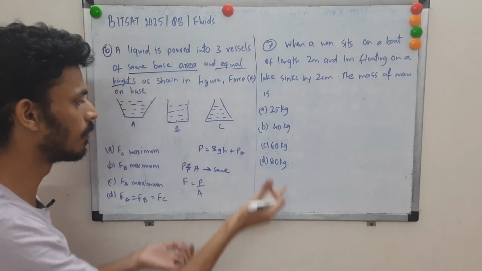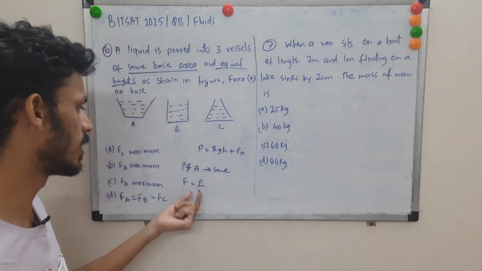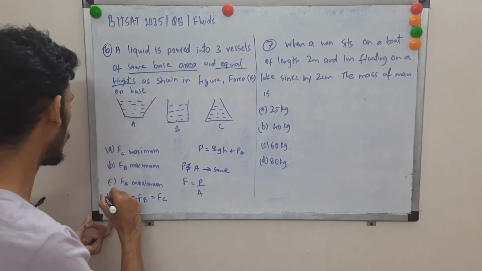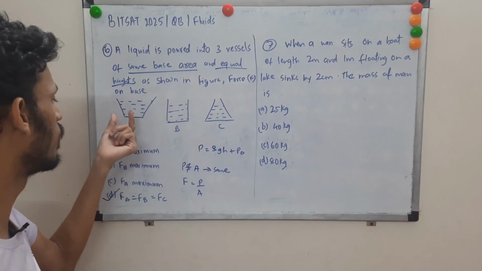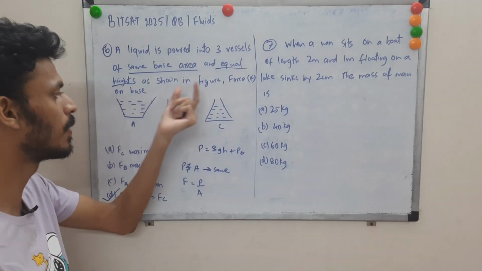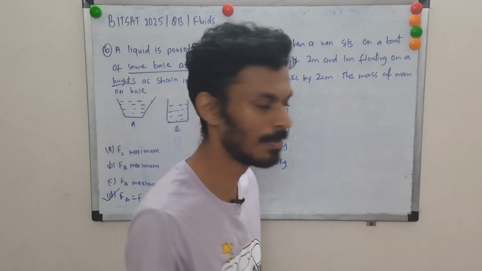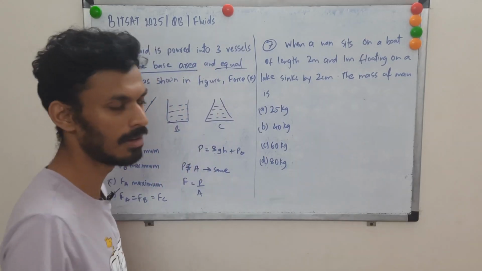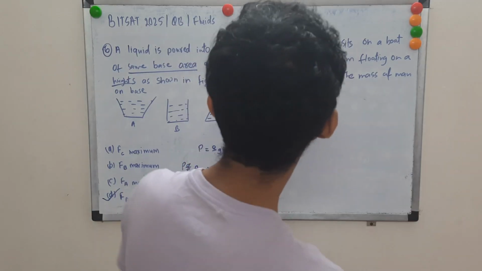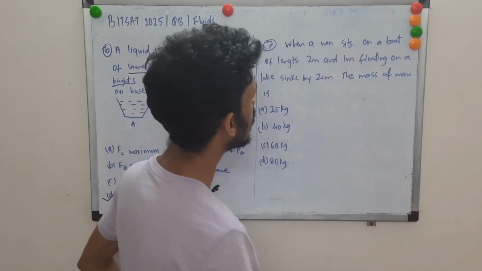P and A are the same for all 3 cases, so this quantity should also be the same, right? So force will be the same in all 3 cases. Basically it comes due to the fact that the pressure is the same and they have maintained the area the same. If area was different, then it would have been different, right? Anyways, let's come to this one.